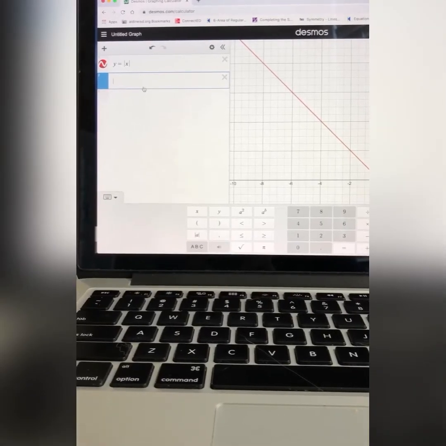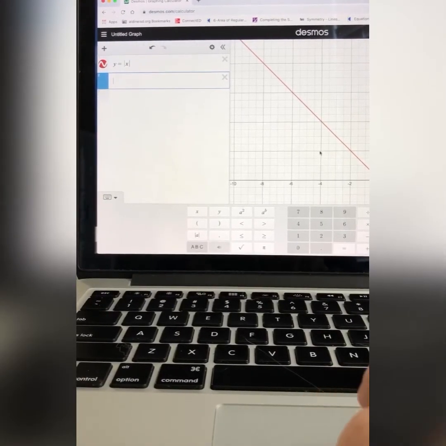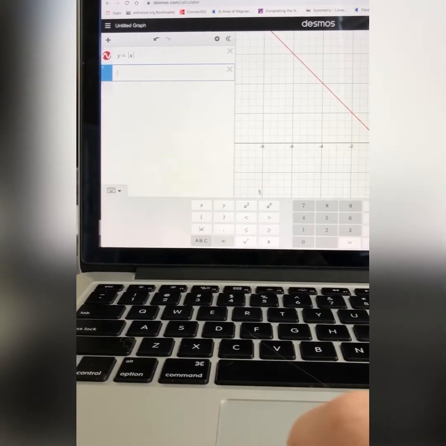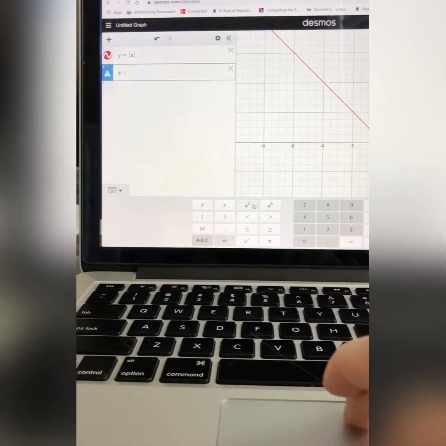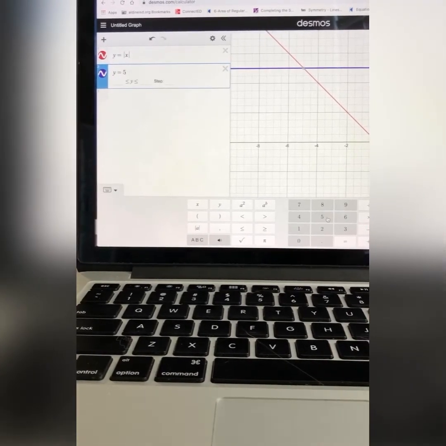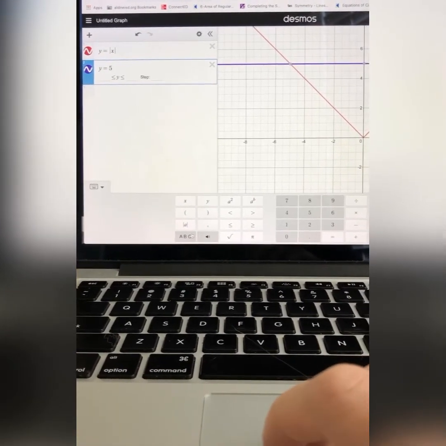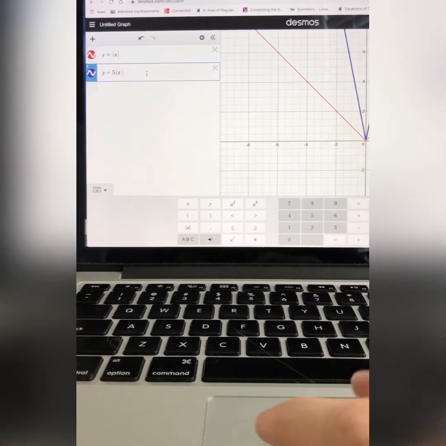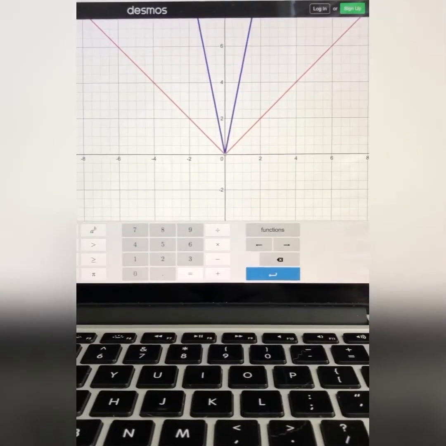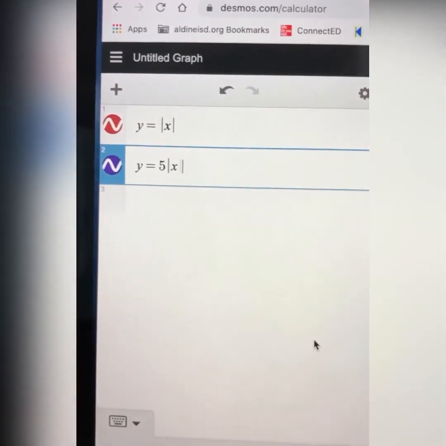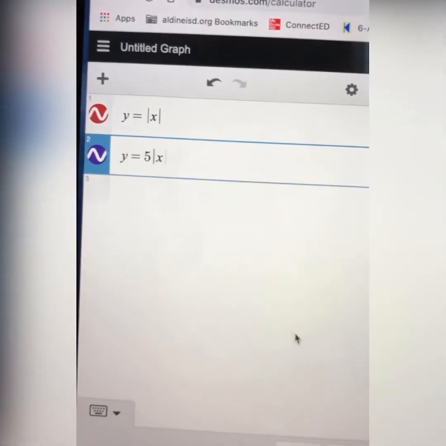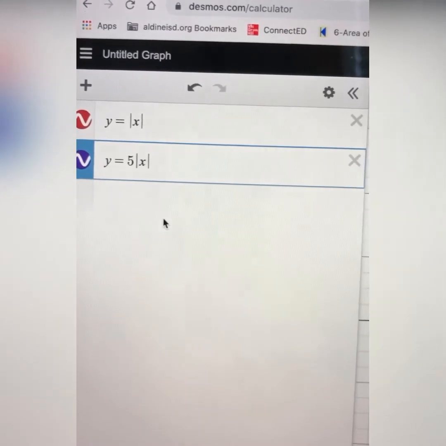All right, so now let's look at how this would transform our graph. Our newest equation is y equals 5 times the absolute value of x. So all we did is we just multiplied our absolute value by a 5, right? That's all that's different from the red to the purple.